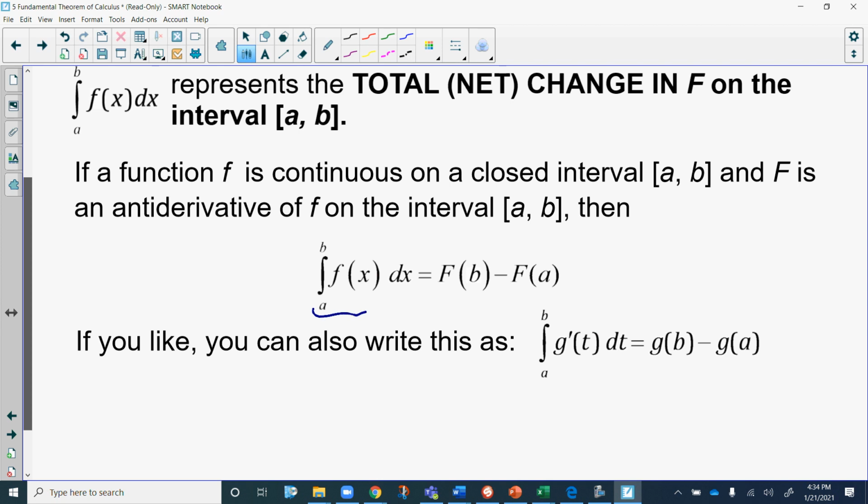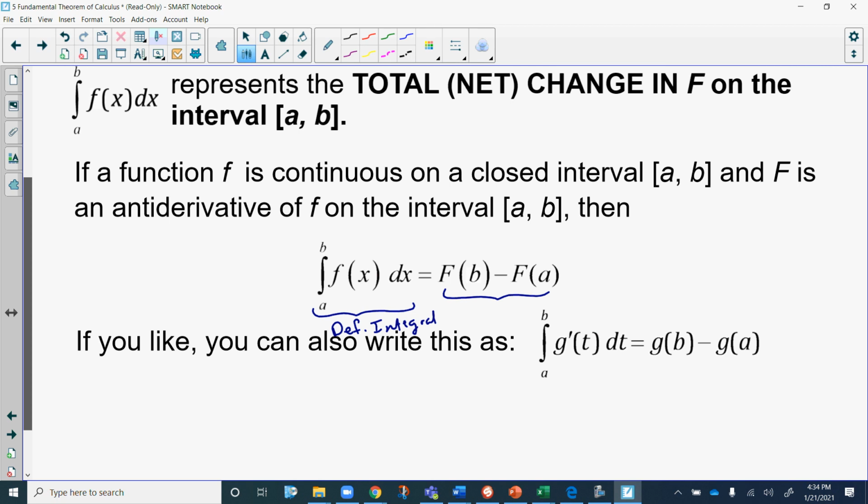This bit here on the left side of the equal sign, that is your definite integral. That's your definite integral. And the two pieces over here, the capital F represents the antiderivative.